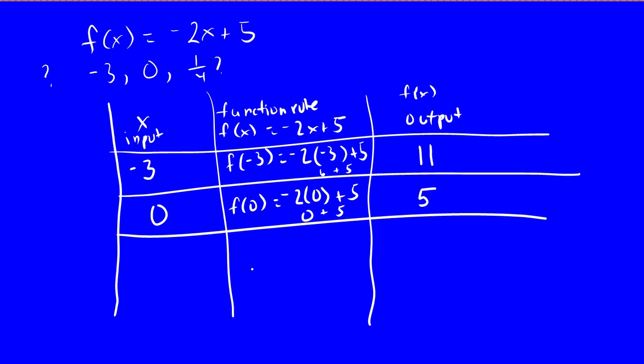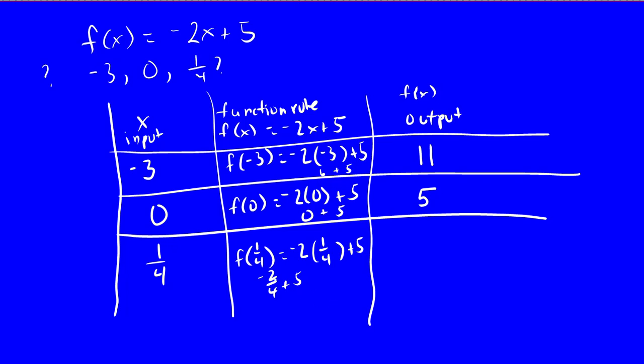All right? Now I have one more. I've got 1/4. So now we can say f of 1/4 equal negative 2 times 1/4 plus 5. So we've got negative 2 times 1/4, that's negative 2/4 plus 5, or negative 2 and 1/4 plus 5.